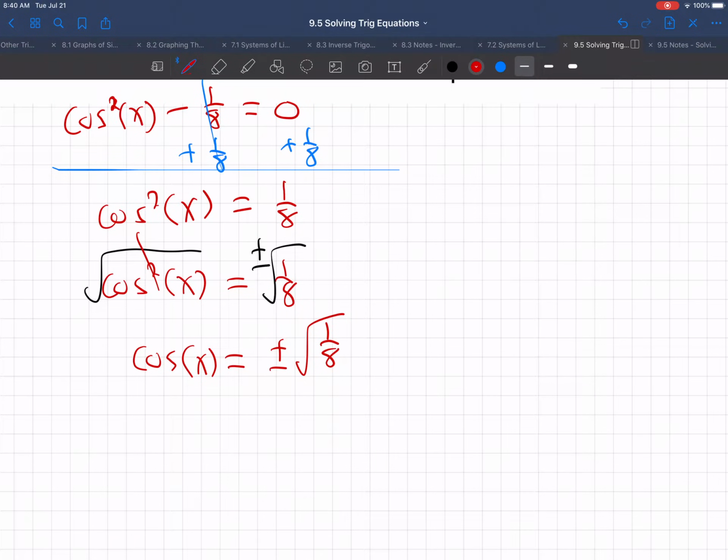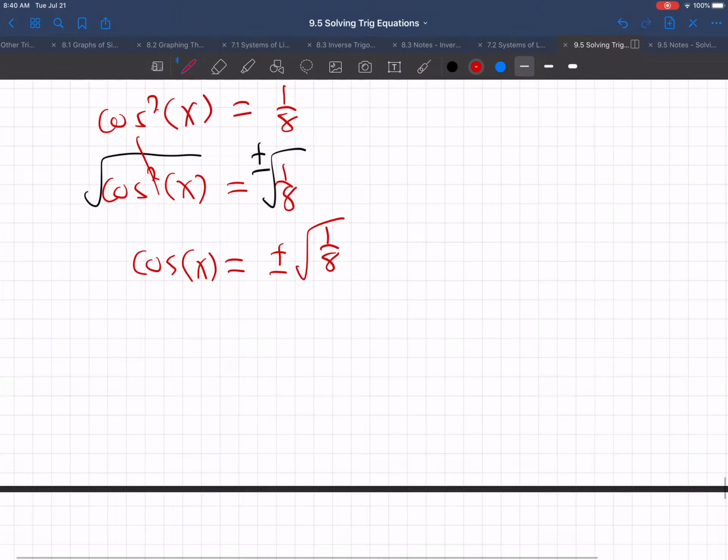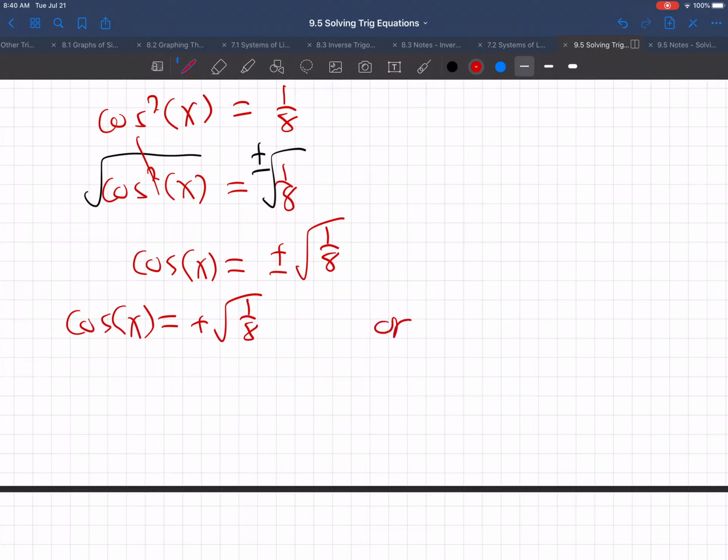This is not a unit circle answer. So we're going to have to break these into the two different parts. So cosine of x is plus the square root of 1/8, or cosine of x is minus the square root of 1/8. We break it into the two cases.